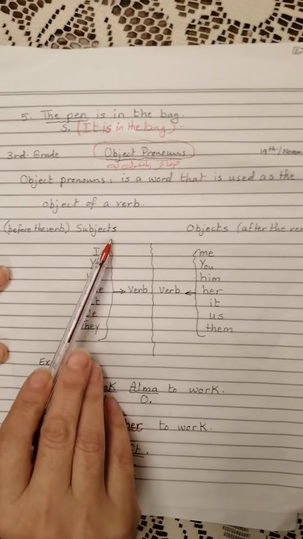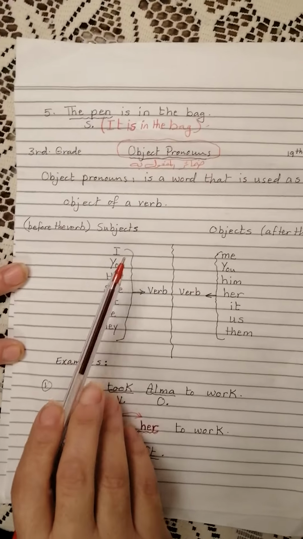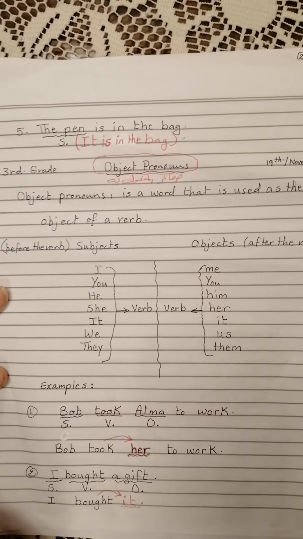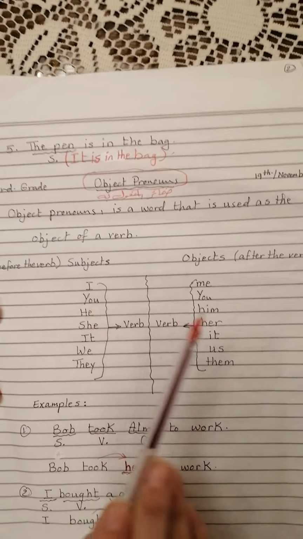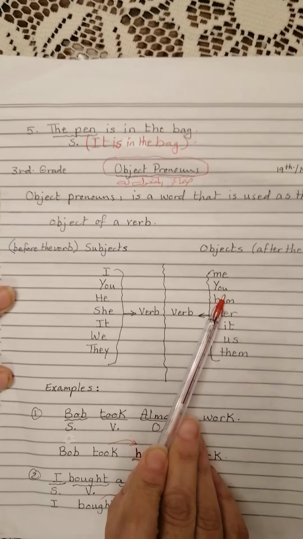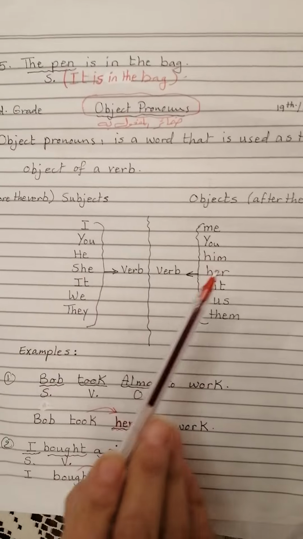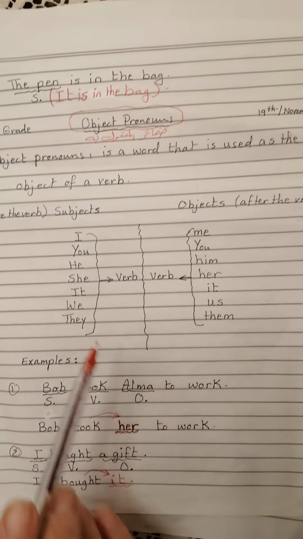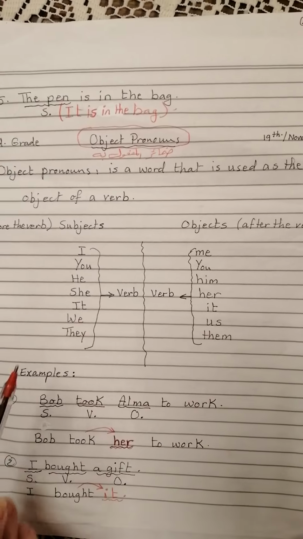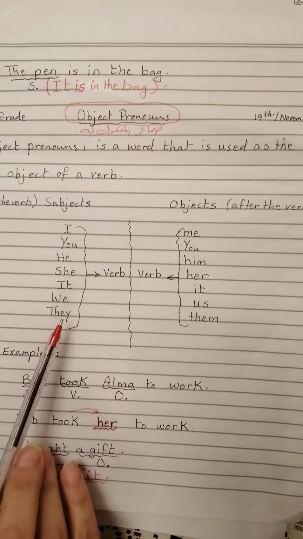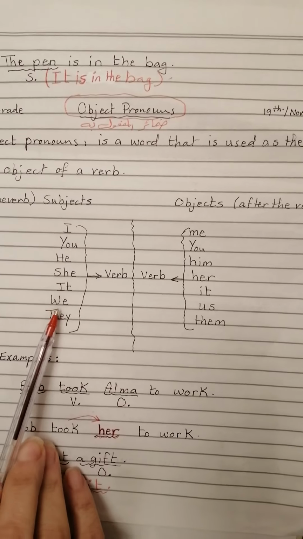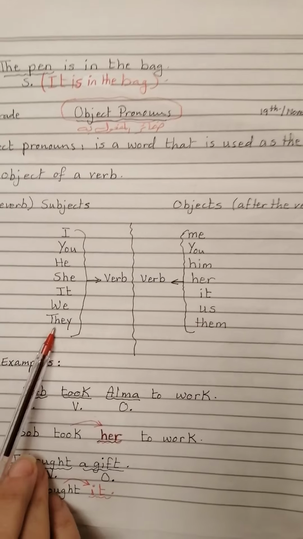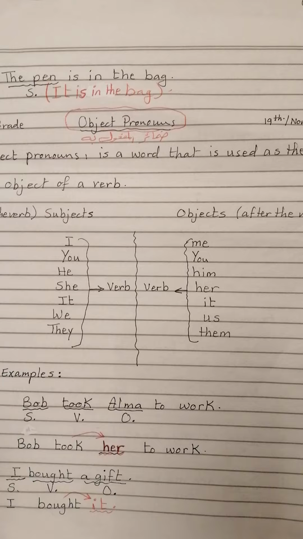The subject pronoun I becomes the object pronoun me. You stays you. He becomes him, she becomes her, and it stays the same. We becomes us, and they becomes them.